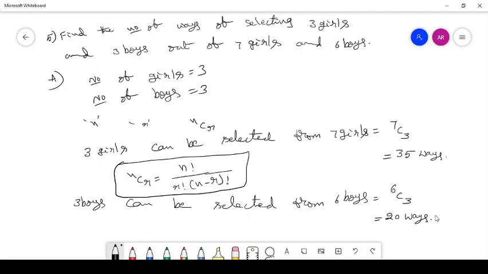By the fundamental principle, the total number of arrangements is 35 into 20, that is 700. The result is 700. Find the number of ways of selecting 3 girls and 3 boys out of 7 girls and 6 boys. You have to do it like this.